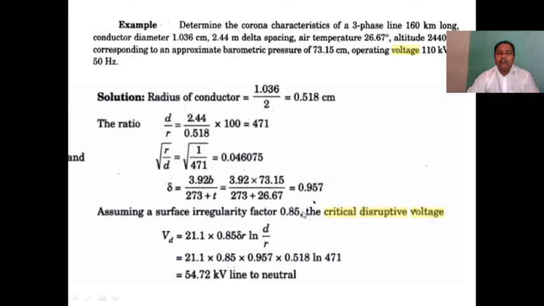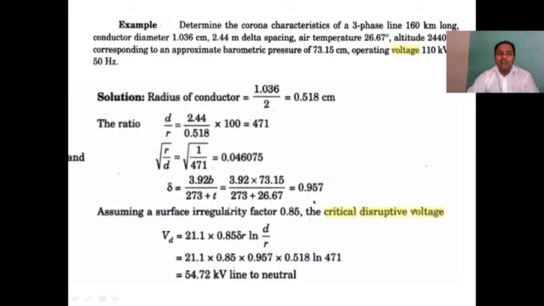Assuming surface irregularity factor 0.85, the critical disruptive voltage. Substitute all the values. What is the formula? 21.1 is the g naught value. The air density factor delta is 0.957, and the surface irregularity factor is 0.85. Why do we take 21.1? Normally the absolute gradient g naught is 30 kilovolt per centimeter, which is a peak value.